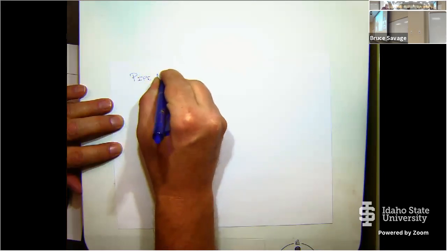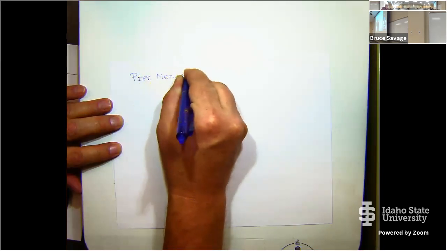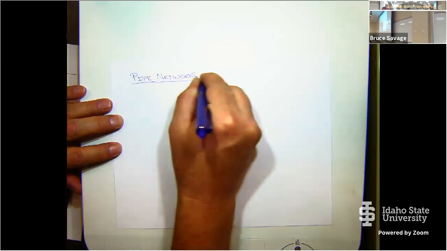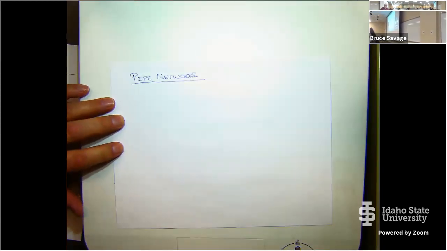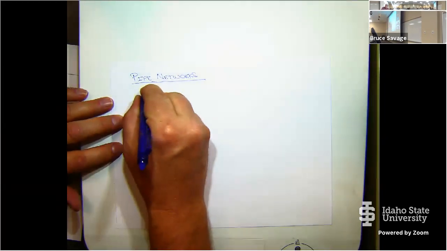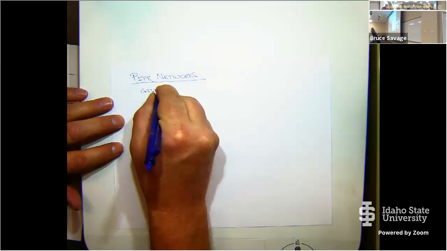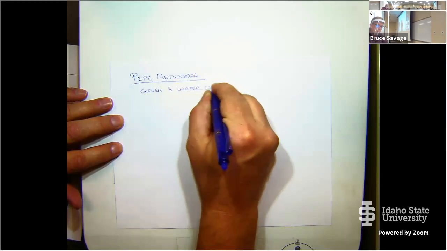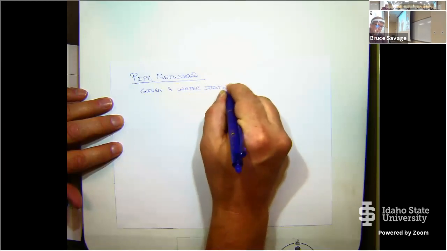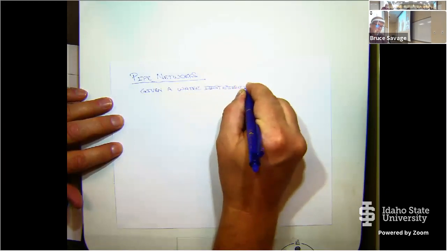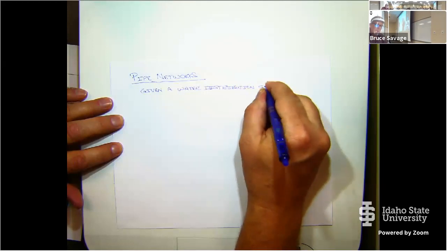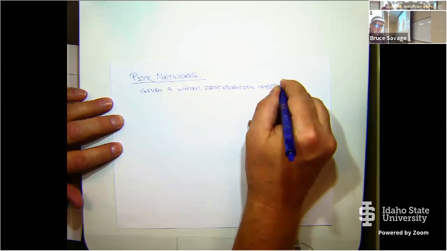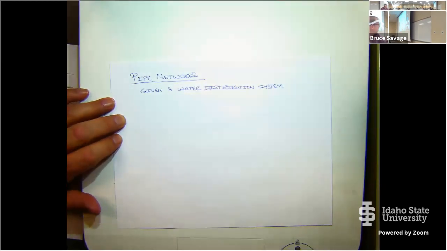Pipe networks. Okay. So given a water distribution system, now it doesn't have to be a water distribution system. You could be working at a chemical plant.